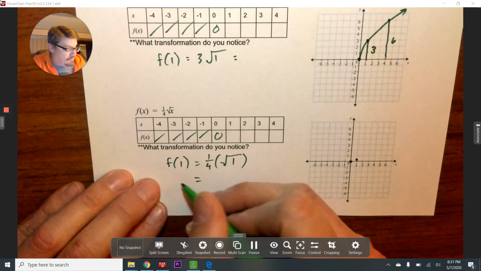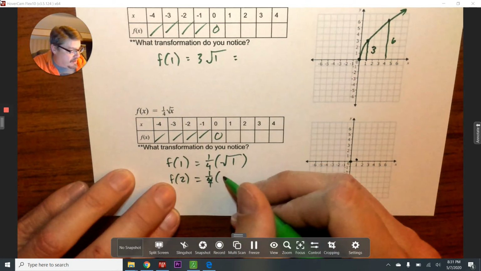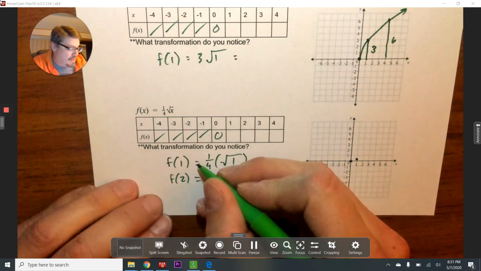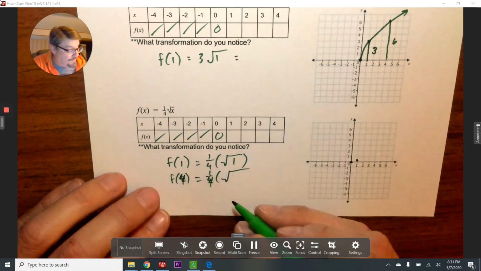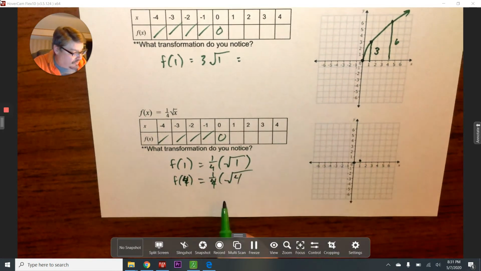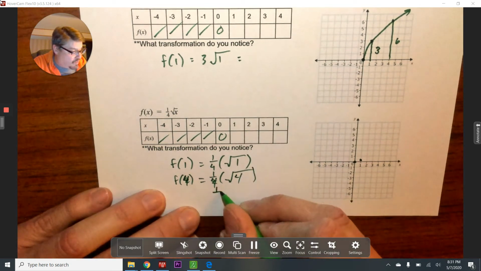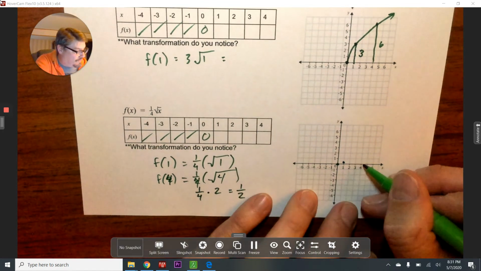Now, if I plug in a 2, oops, 2 doesn't help. Square root of 2 is a radical. I can take the square root of 4, though, so let's plug in a 4. Square root of 4 is 2, and so when I plug in a 4, I get 1/4 times 2, which is actually 1/2. So when I plug in a 4, I get 1/2.